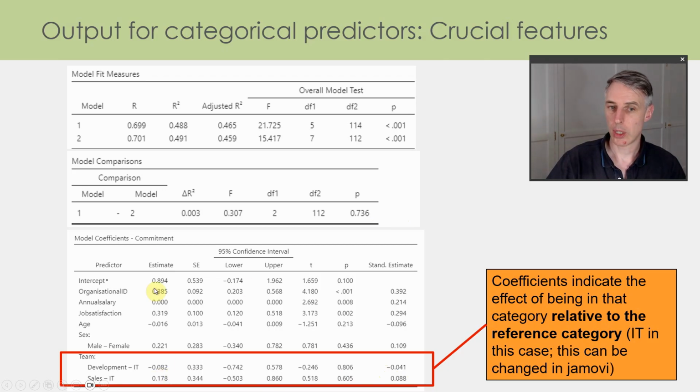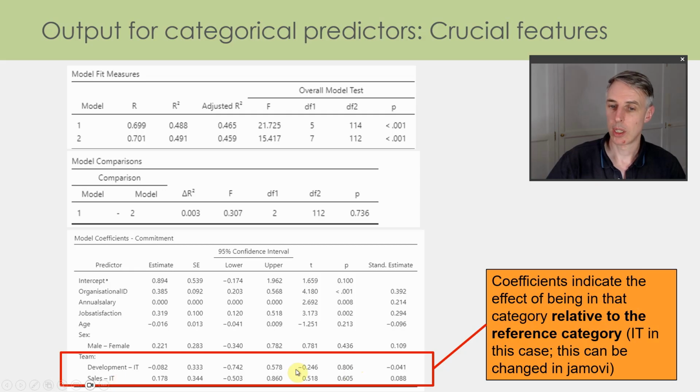In terms of interpreting the coefficients, at least descriptively, the negative coefficient here suggests that overall being in the development team is associated with slightly less commitment than the IT team, and being in the sales team, a positive coefficient, means that being in the sales team is descriptively associated with being more committed than being in the IT team.